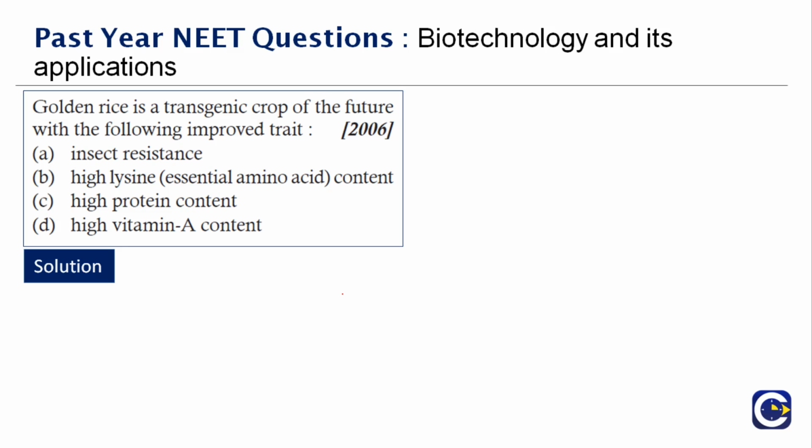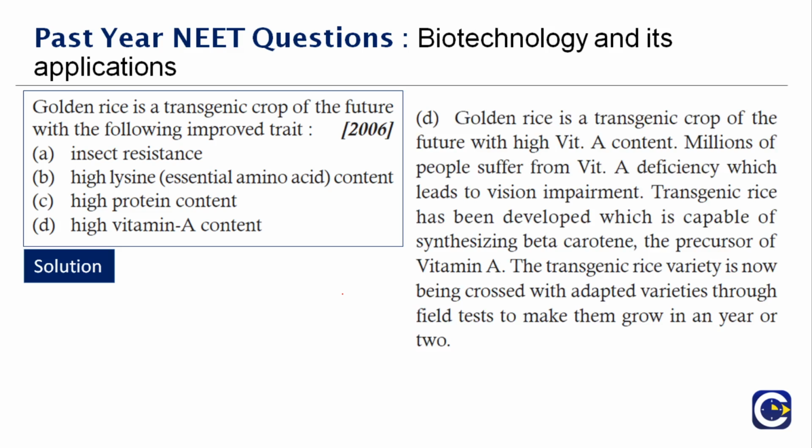Golden rice, as you all know, is a transgenic crop which has high value of vitamin A. So when it is incorporated into the staple food, in their daily diet, automatically vitamin A is supplemented in their diet. So it prevents various diseases. The transgenic rice variety is now being crossed with adapted varieties through field tests to make them grow in a year or two. Therefore, the right answer to this question is vitamin A, which is option D.